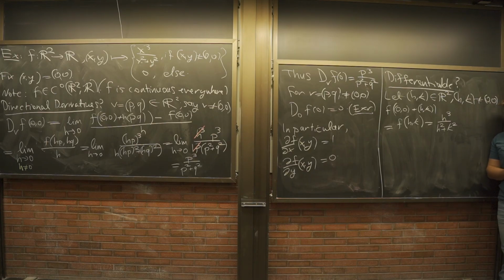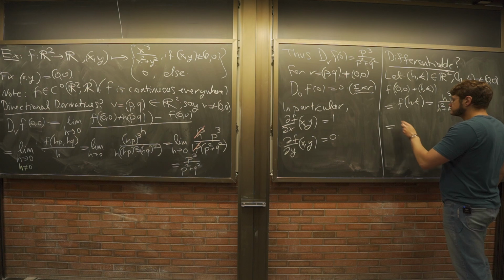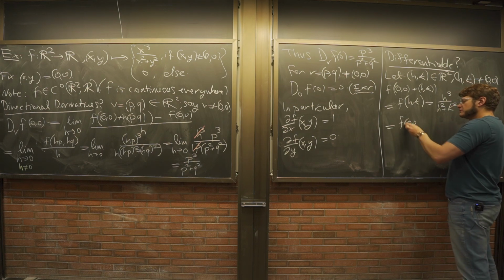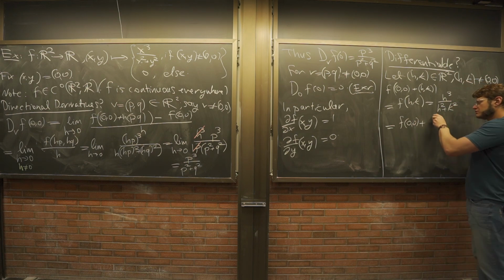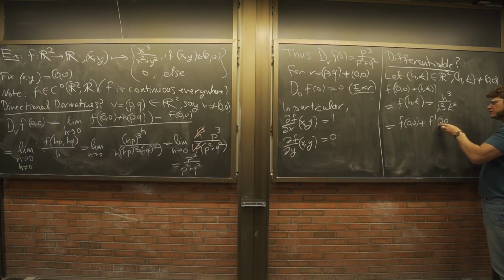Now, f of 0, 0 is 0 itself, so that's not a problem. But I need a first order term. So I need something like this. This is 0. I need something like this applied to hk.